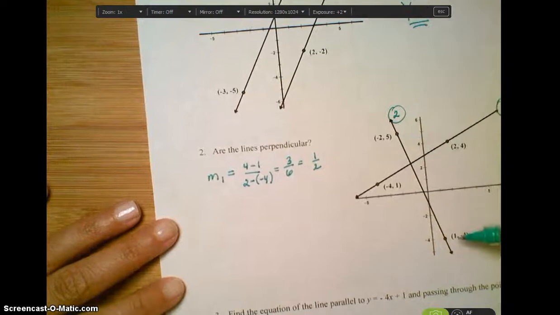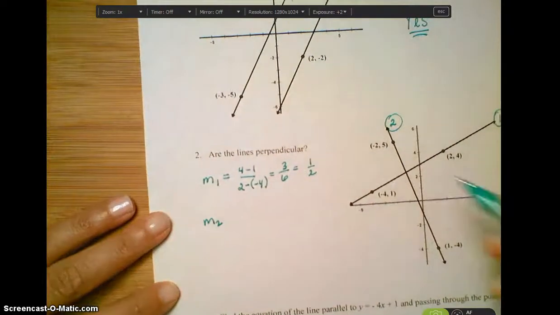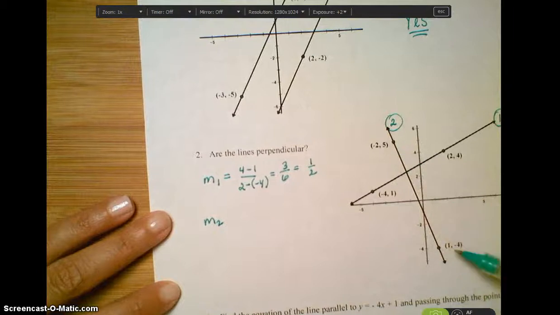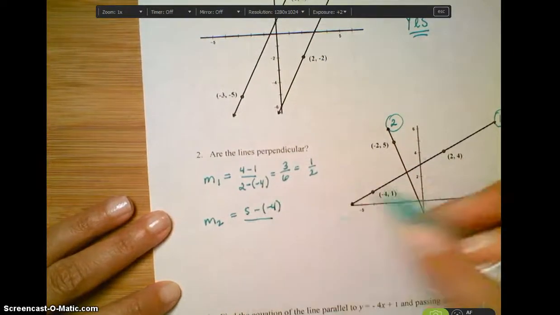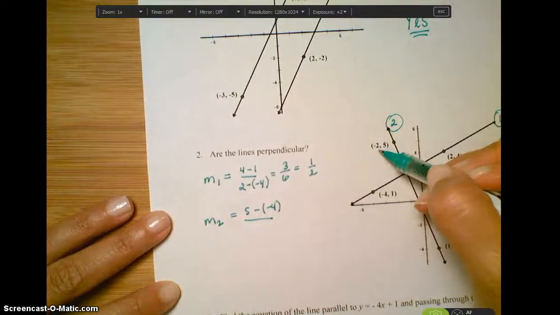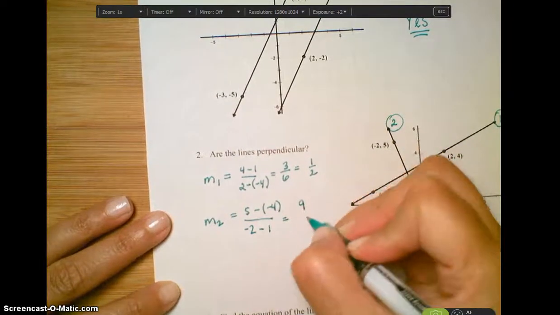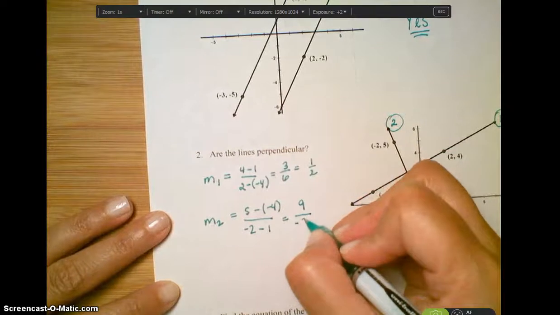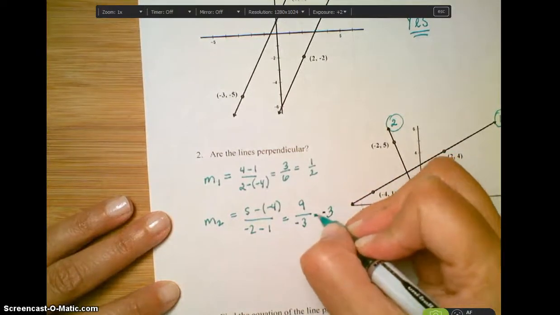To find the slope of the second line, again change in y over change in x leads to 9/3, which is a slope of -3.